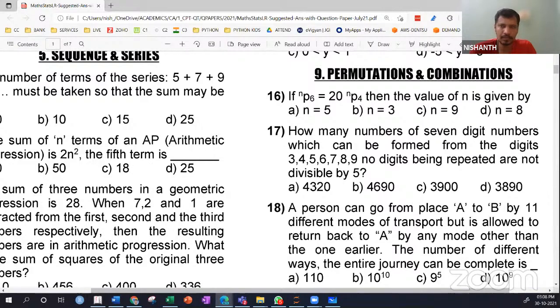So option C. Others? Yes, option C, sir. Sachindra, you got the answer? Option C. Okay.